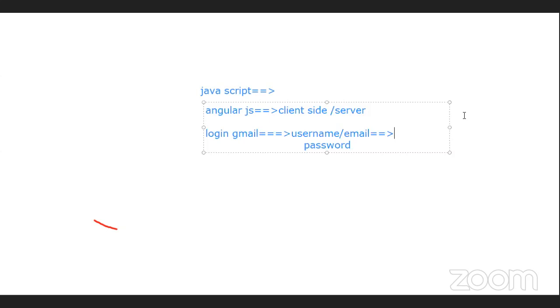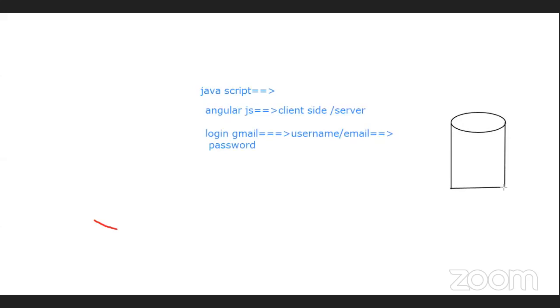In the Gmail server, we have n number of storage values. A best example is the database storage area for Gmail, the Gmail DB.